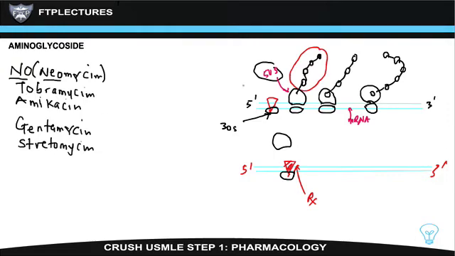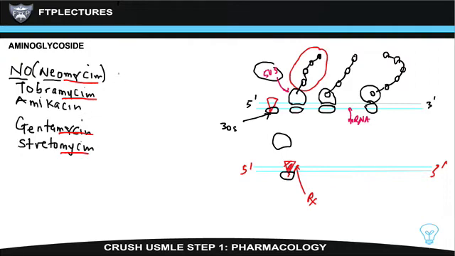But how do I actually recognize them when I see them on an exam? Here's the trick. Look at the word. They always end with mycin, mycin, mycin, mycin. The only one that doesn't end with mycin is amikacin. But other than that, all of them end with mycin.